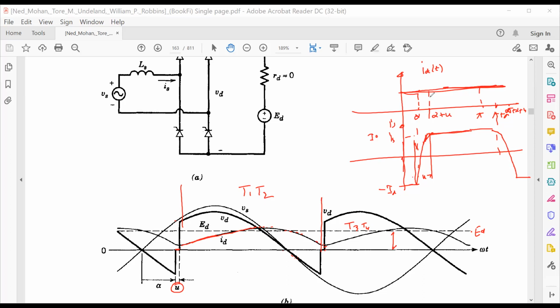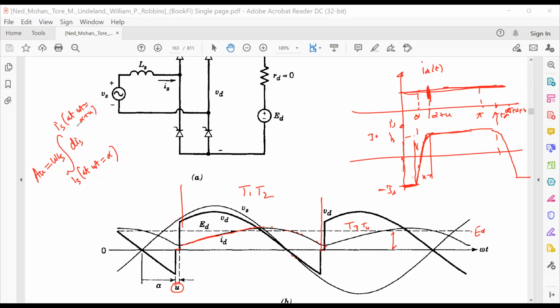So this current was constant, that is why we have taken minus ID. If you remember, during this commutation period, u was calculated from omega LS, with the current IS at omega t equal to alpha and IS at omega t equal to alpha plus u.